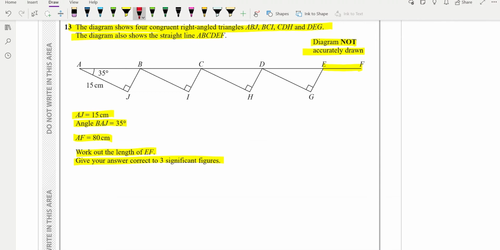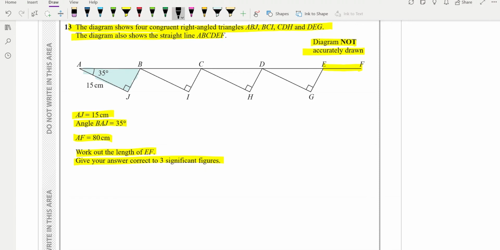So what we will do is consider this triangle, this one. This is a right angle triangle, and we will apply trigonometry to find AB.